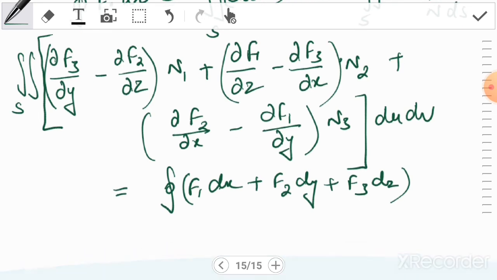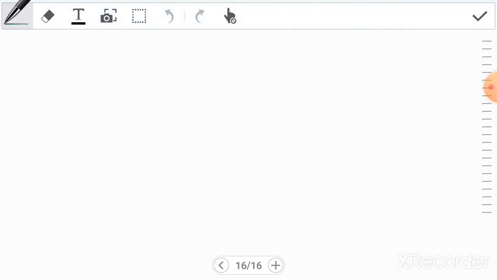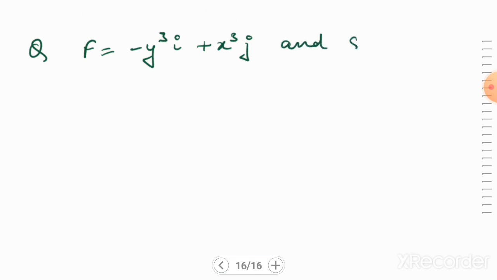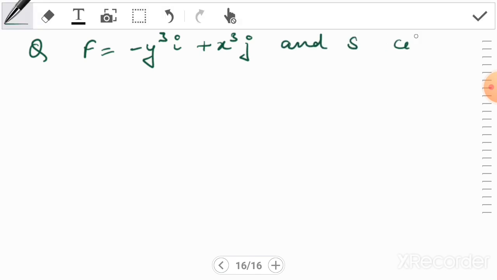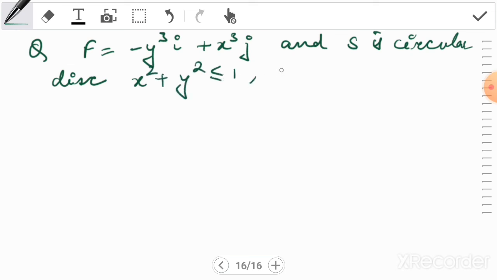Let us understand this with an example. Evaluate by Stokes theorem, where F is minus y cubed i plus x cubed j and S is a circular disc x square plus y square less than or equal to 1 and z is equal to 0.